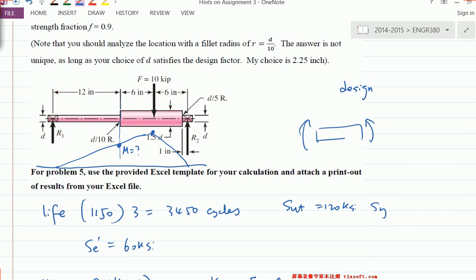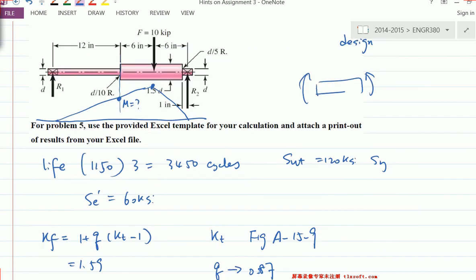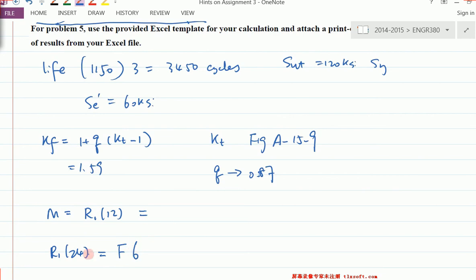Having said that, R1 times the whole length, which is 24 inch for the shaft, should equal F times the other distance, 6. That means R1 equals F times 6 over 24. Then you multiply by the 12, and that'll give you a bending moment.